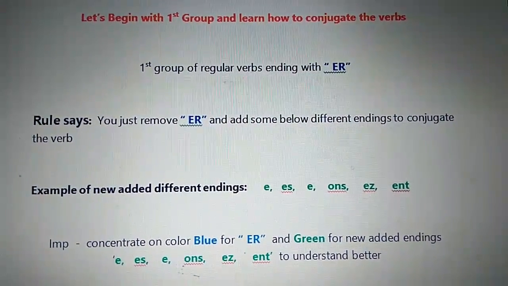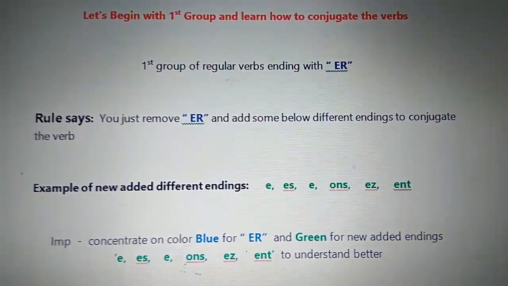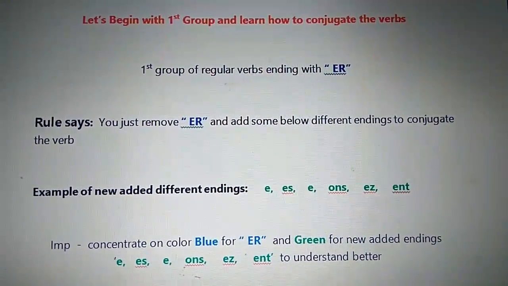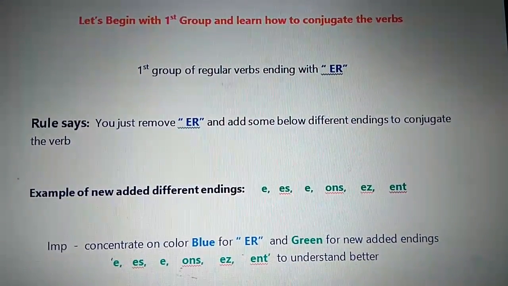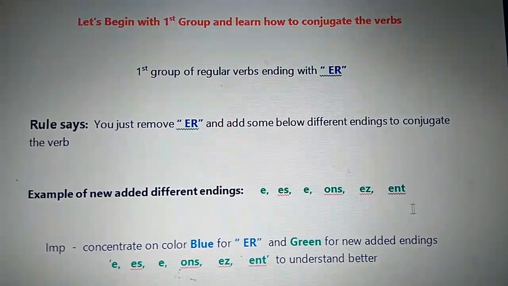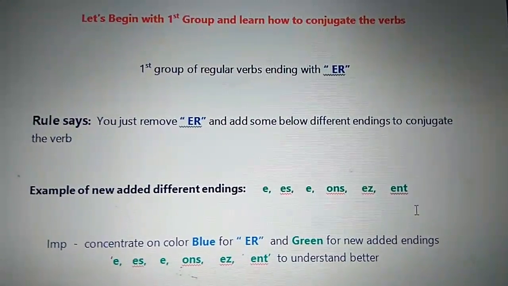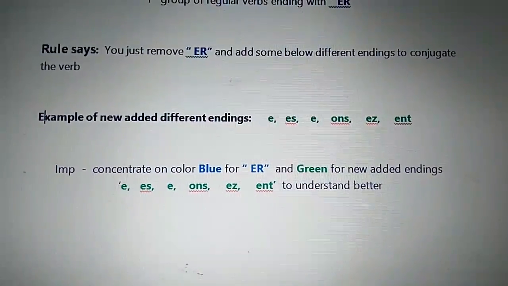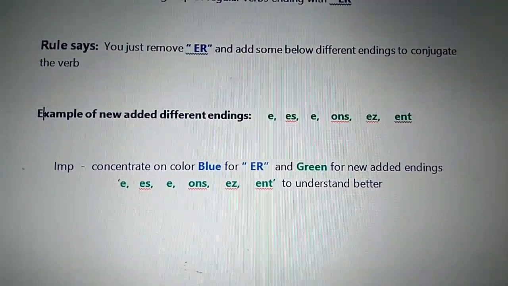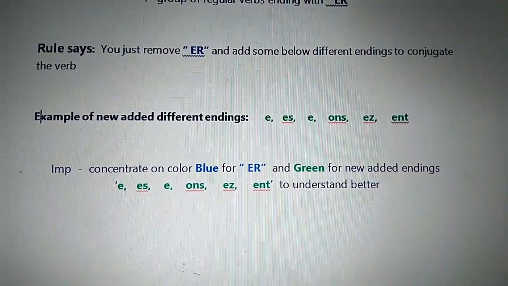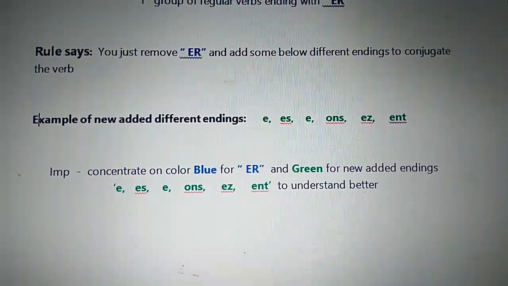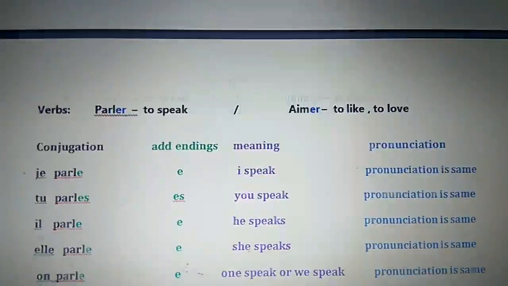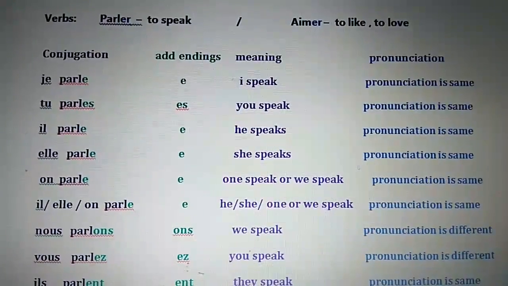I have written on the screen the new endings: e, es, e, ons, ez and ent. So you remove er and in place of er you put these endings. Just focus on two colors: blue, which highlights er, and green, which highlights the newly added endings. Now let's begin the conjugation, which is very important.